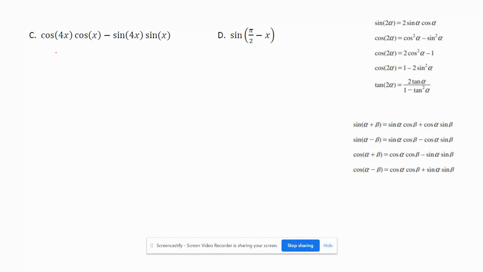So what we have here is cos minus sine, and that's the same thing as this one over here. It's cos minus sine. So this is equal to cos of 4x plus 1x, which is the same thing as cosine of 5x, because 4x plus 1x is 5x.